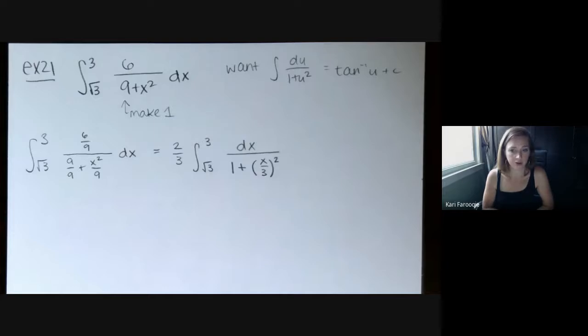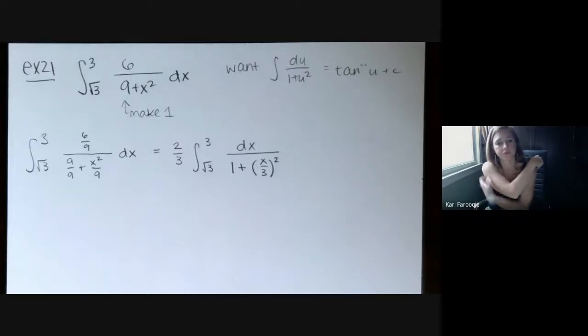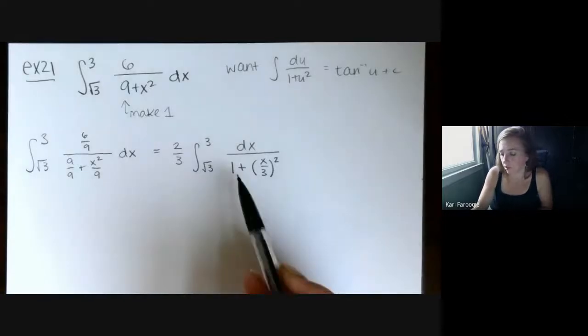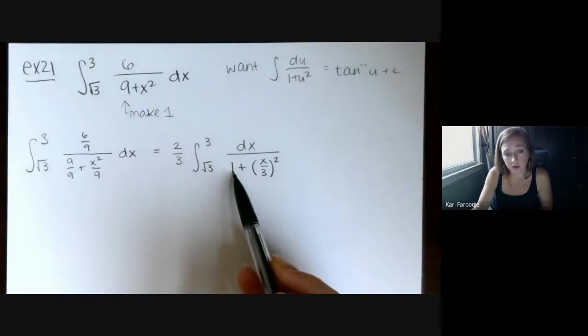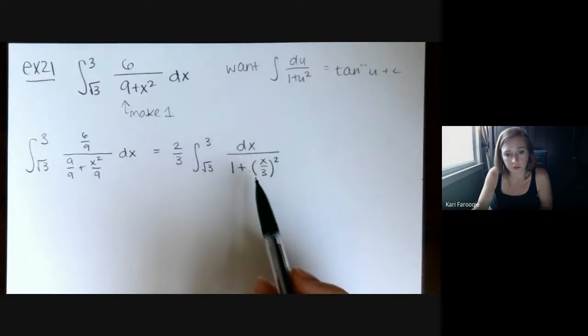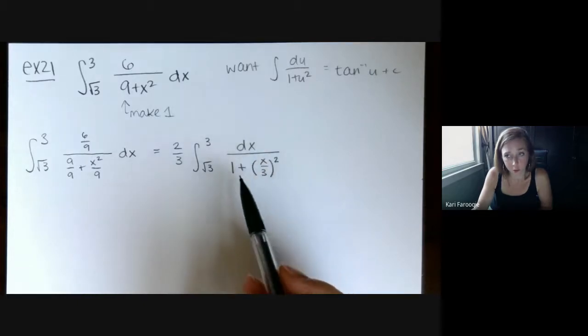Does anyone have a question before I continue? Okay. So the two important things we just did were that we made the constant term in the denominator a 1, and the variable term in the denominator we made as a quantity that was being squared.